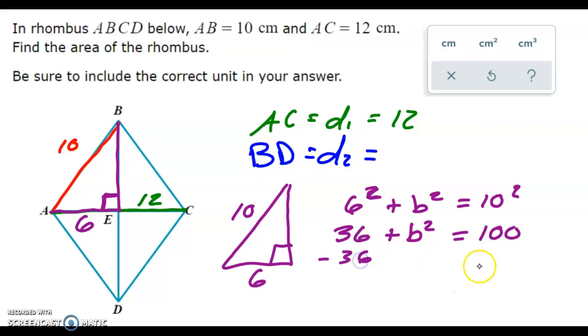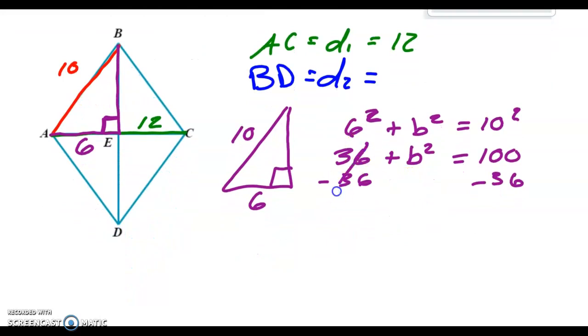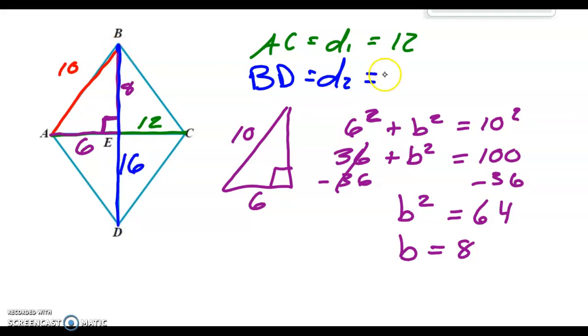Subtract 36 from both sides. You're going to end up with b squared equals 64, and then your b would equal 8. So if I know BE is 8, then I know that entire diagonal is twice of that, which is 16.